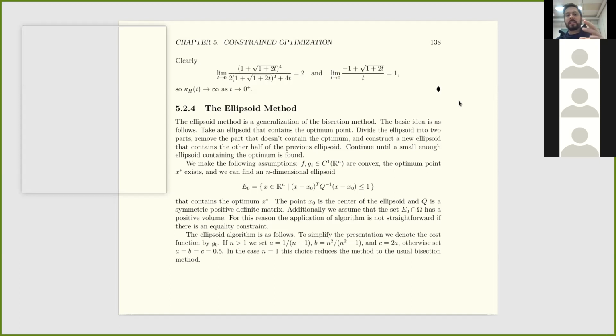So this is a quadratic form. In the easiest form, you can think of this quadratic form, X minus X0 transpose times Q inverse times X minus X0, as being just a diagonal matrix.